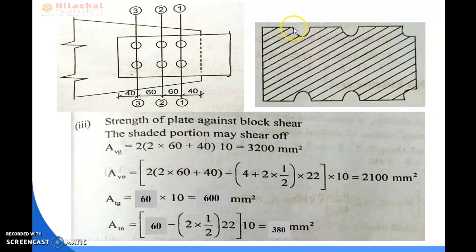I told you in the previous class, when we consider the full bolt hole portion, we will take it as number 1. So here the number of bolt holes is here 1, again here 1, and on the bottom side here 1, and again here 1.